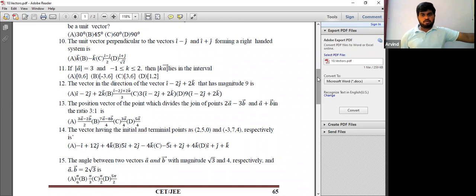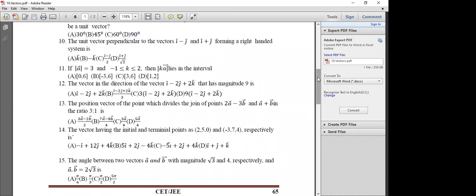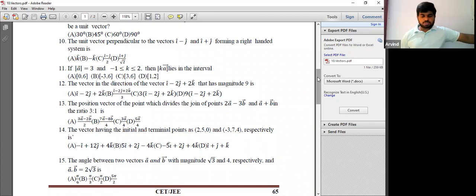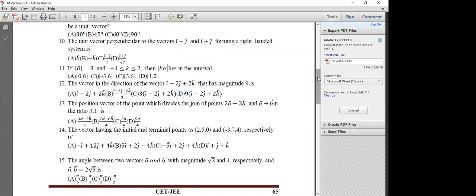Seven a minus 8b divided by 4. So option for the 13th, B, sir. Yeah, the 13th one is option B, sir. The 13th one option is 3a plus 5, 5a by 4, sir.